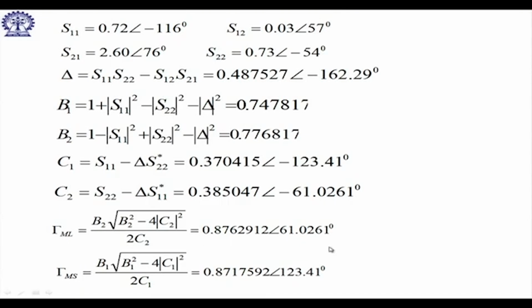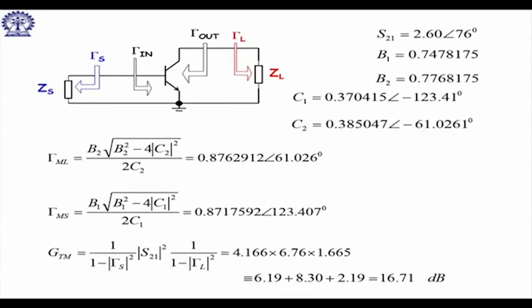So, gamma L will be this, 0.87 angle 61 degrees, and gamma S with subscript m because it is conjugate match. So, we have got these values and from that we can easily find out GTM, that means the maximum possible transducer gain that this device will give.